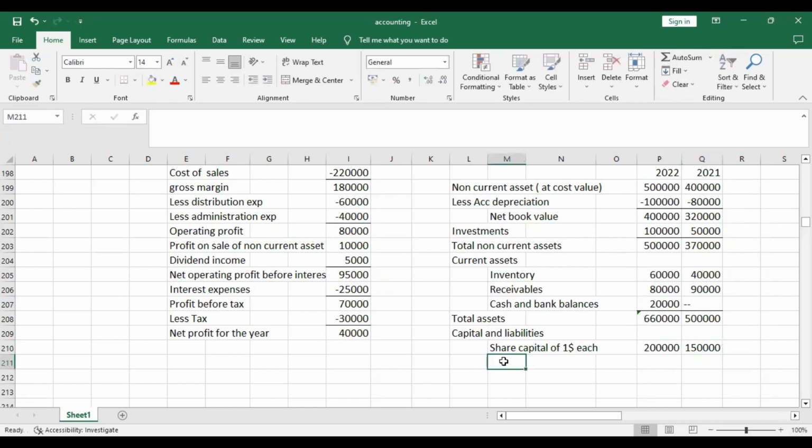Then revaluation reserve: 1,50,000, then 1 lakh. Then retained earnings.